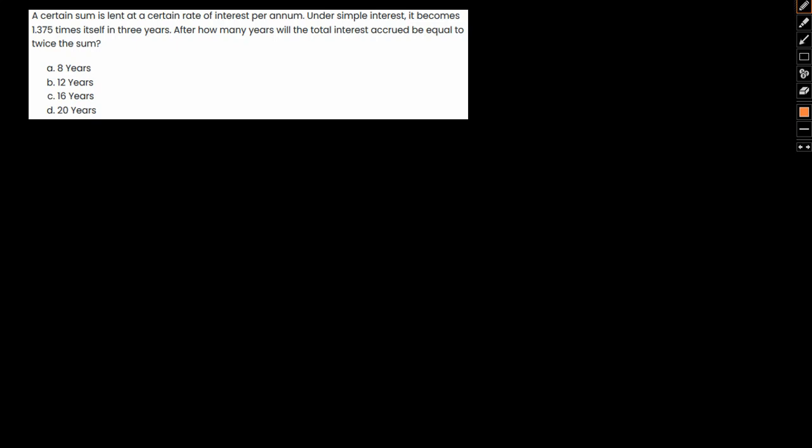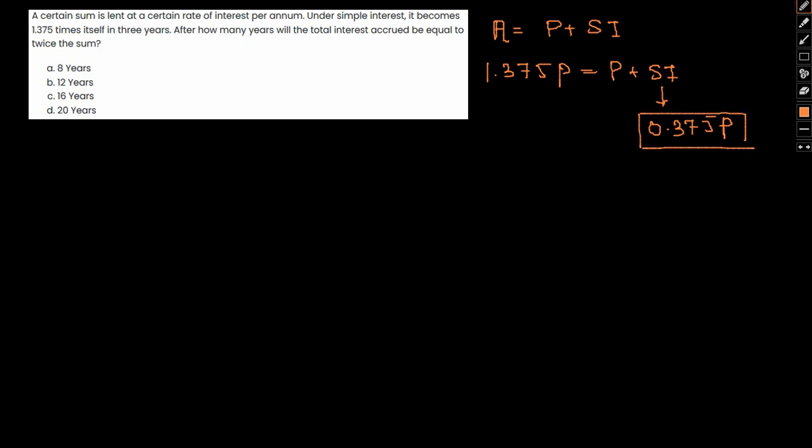Now we know that in case of simple interest, amount is nothing but principal plus simple interest. It is said that the amount becomes 1.375 times itself in 3 years, that is, it becomes 1.375 P. Here the principal will remain constant in case of simple interest because principal does not change, but the simple interest will have to become 0.375 P. Until the simple interest attains this amount, we cannot have this amount.